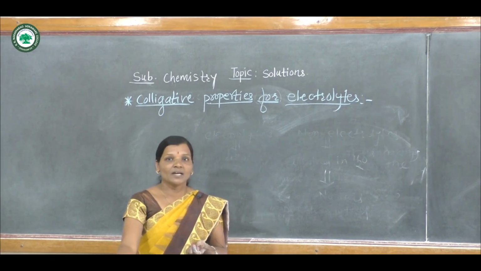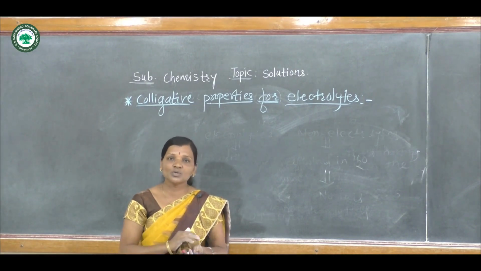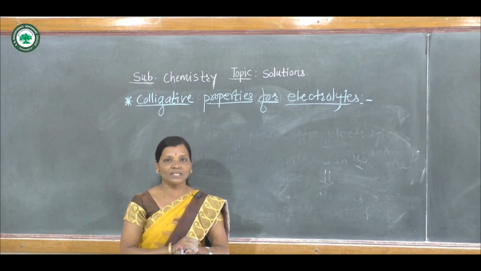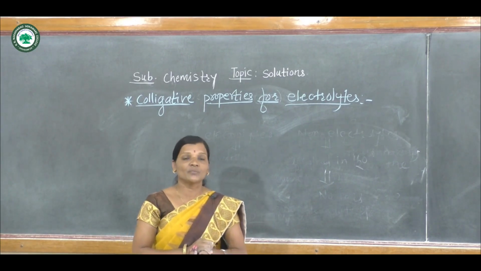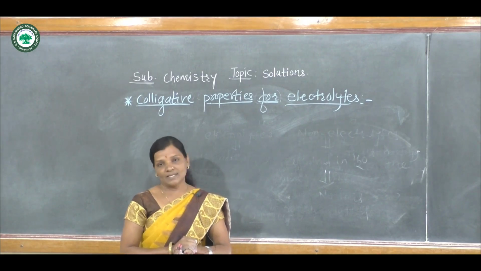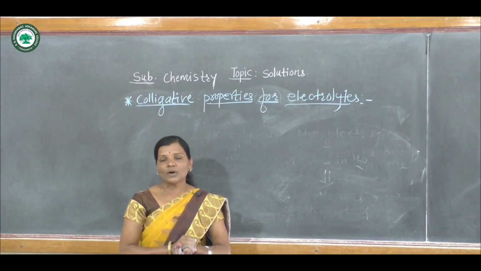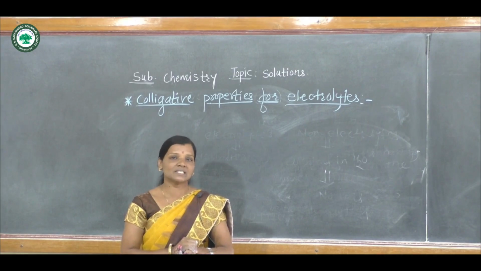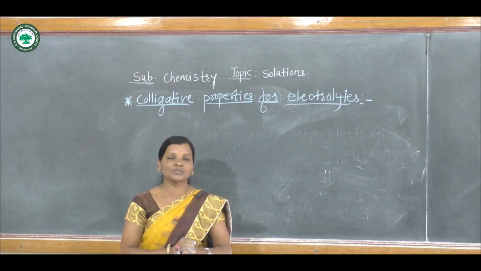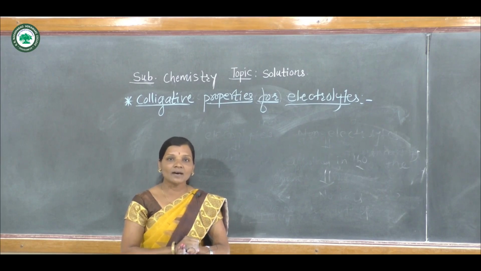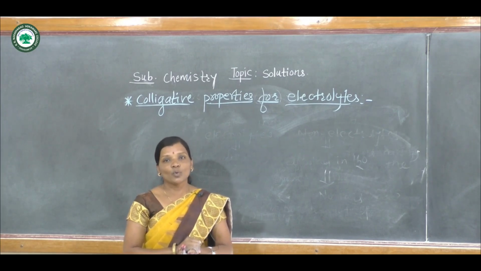That means electrolytic solutions also show colligative properties, but there is no relationship as with non-electrolytes. The molar masses calculated using the colligative properties of electrolytes are found to be lower than their formula masses.